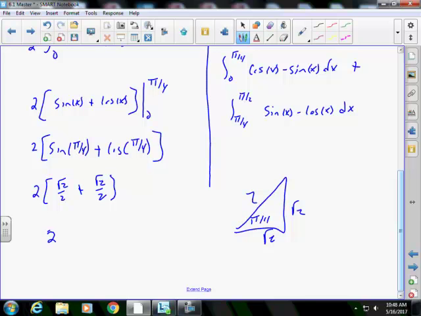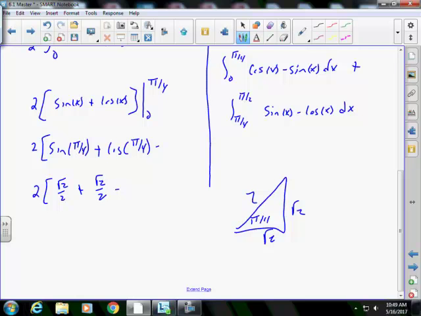I end up with adding this together, 2 times, I got a mistake here. Oh, you know why? Because I forgot to do the rest of the problem. Not thinking today. So that only took care of the evaluation at pi over 4. Sorry.